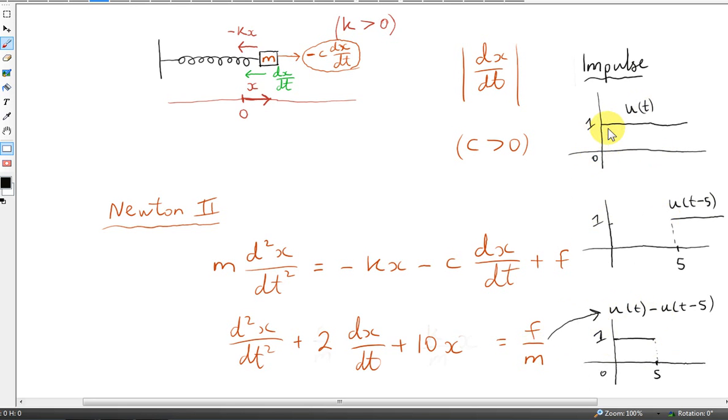So u of t is 1 for t greater than 0, and if we subtract u of t minus 5, which is 1 for t greater than 5, then this part here cancels out this part here for t greater than 5, so we get 0. But for values of t between 0 and 5, we just have 1 minus 0, which is 1 for this interval here. And for values of t less than 0, we will of course get 0. We just have 0 minus 0.